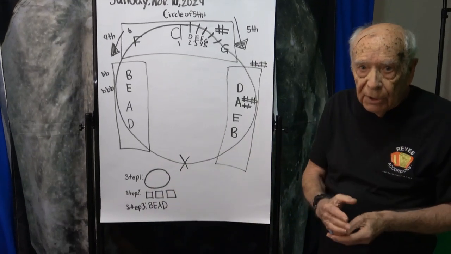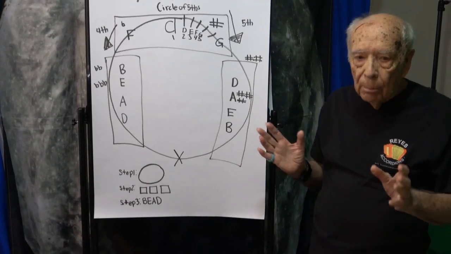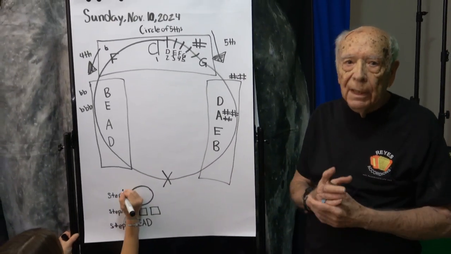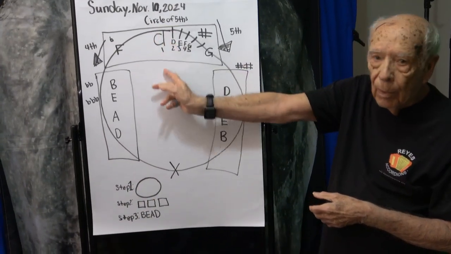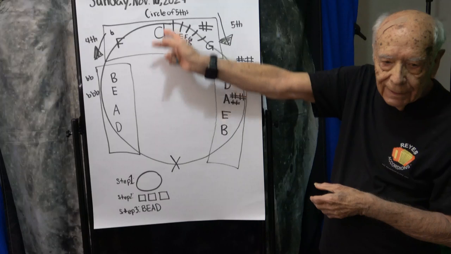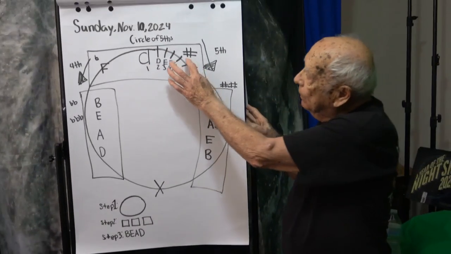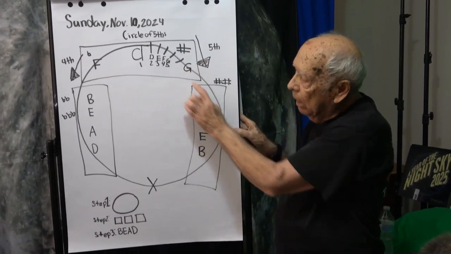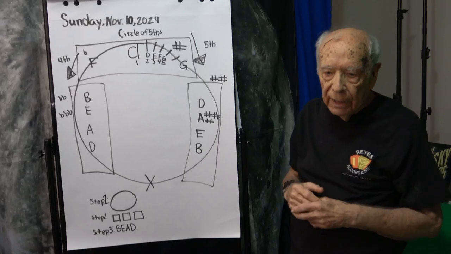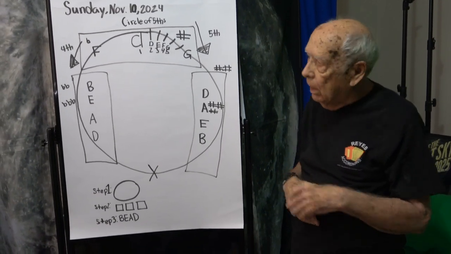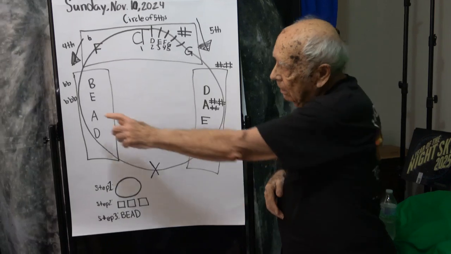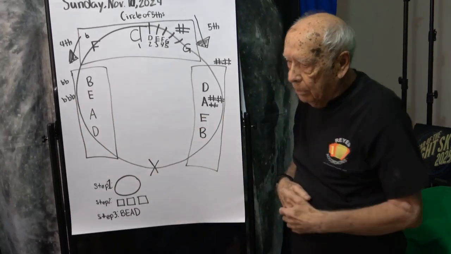It's just a couple steps. So that's how to build it. Now you've got to decide how to use it. Okay? This is home. That's the happy part. This G, we call the friendly key, the people's key. Everybody likes this. This is hard to play on a guitar.